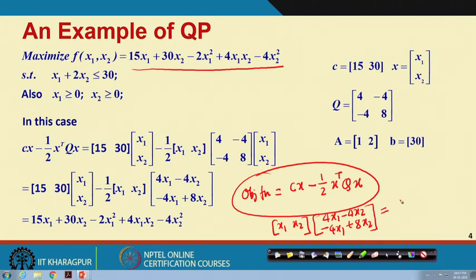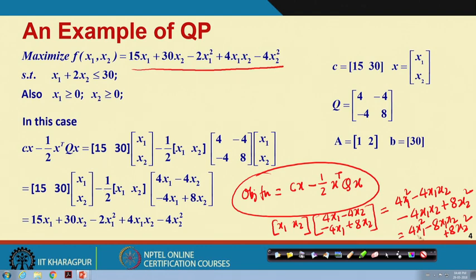First we multiply by x1, so 4 x1 square minus 4 x1 x2, that is what we get, and then by x2, so again minus 4 x1 x2 and plus 8 x2 whole square. So, this is what we get: 4 x1 square minus 4 x1 x2 minus 4 x1 x2 plus 8 x2 whole square. If I add these two, then we get 4 x1 square minus 8 x1 x2 plus 8 x2 whole square. But then there is a half.